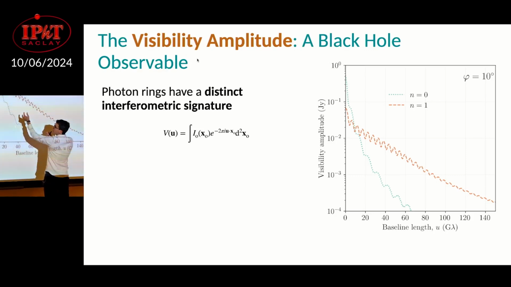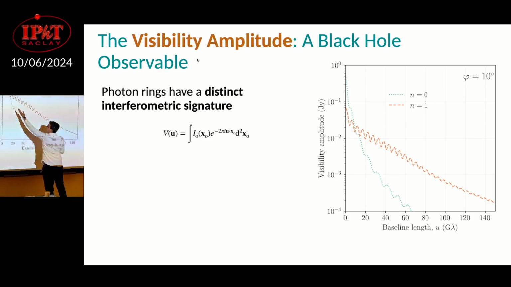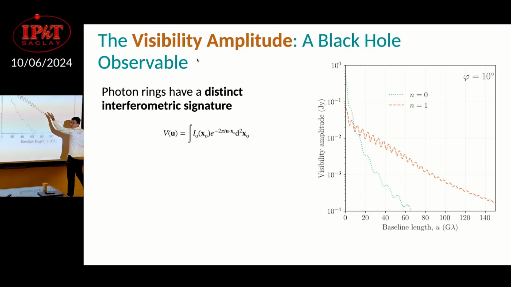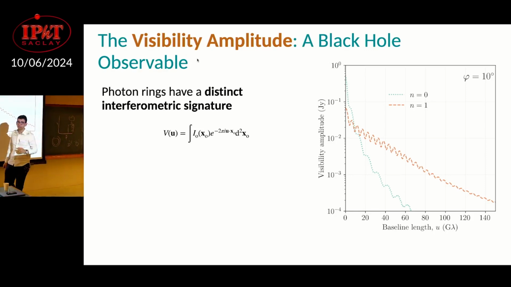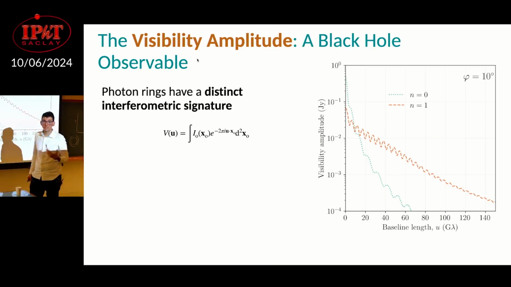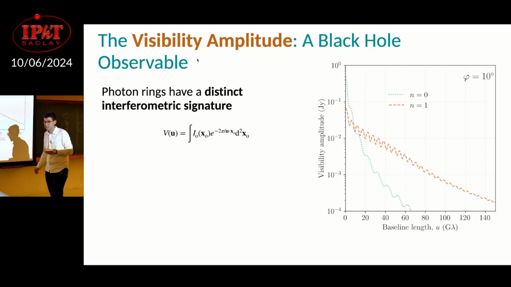Depending on your width, this is how much you will have here. So if you have a very thin disk, the n equals 0 will survive for longer than n equals 1. This is the next image. So it depends on the width of the disk, and that depends a little bit on the astrophysics, of course, because you may have something that peaks very close to a particular radius, or that doesn't decay that much. So that's why it depends on both things.